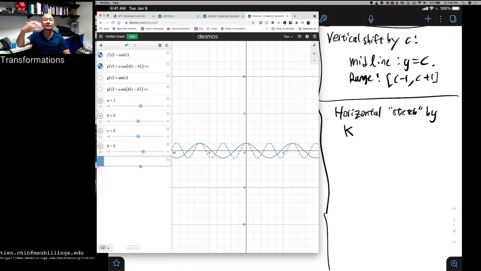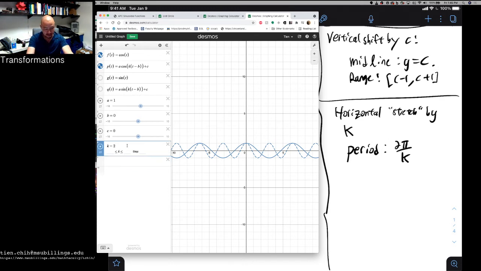And so what we have is a change in our period. The period is now going to be 2 pi over k, right? So in this case, it used to be that every 2 pi we'd make a revolution, and now it's happening every pi, right? Every pi we're making a revolution.